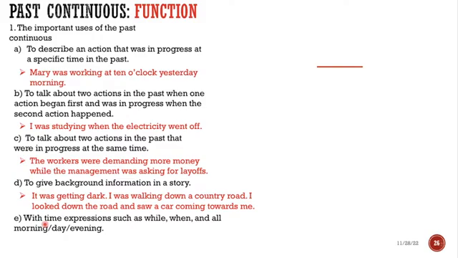You can see an example: I was working all day. All day is a time expression. This example focuses on the time expression all day. Okay, continue, everyone.